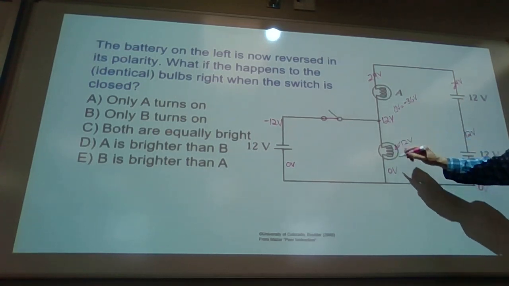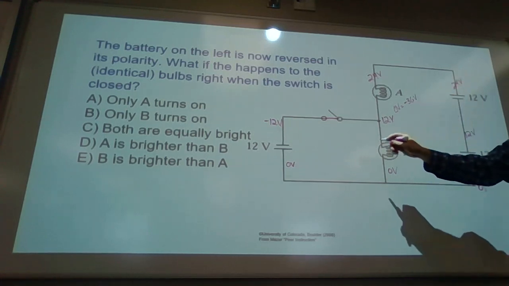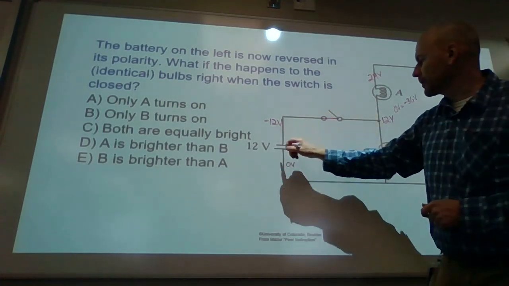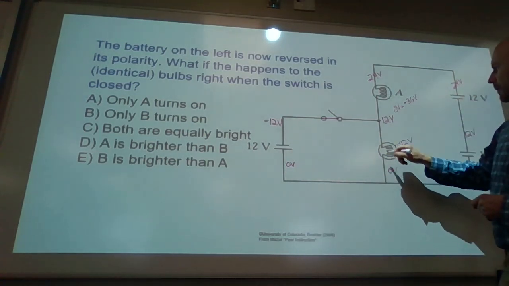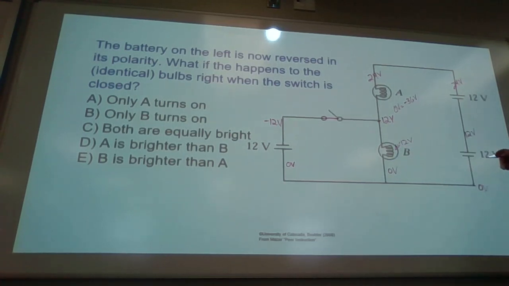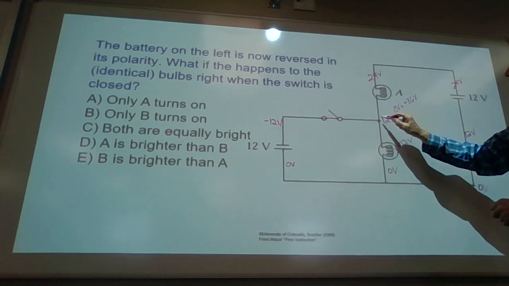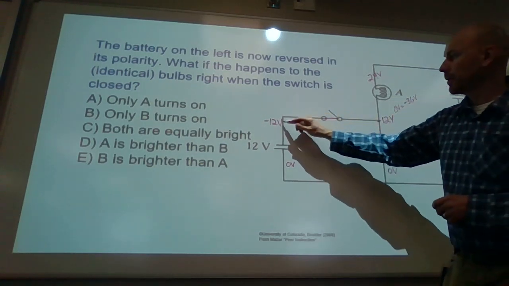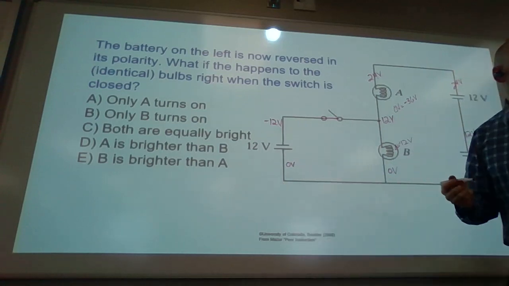Okay, and so that works. Here I have a voltage gain of 12 and a voltage drop of 12. That checks out. If I go all around the circuit, 24 gain, 36 drop, 12 gain. That checks out.